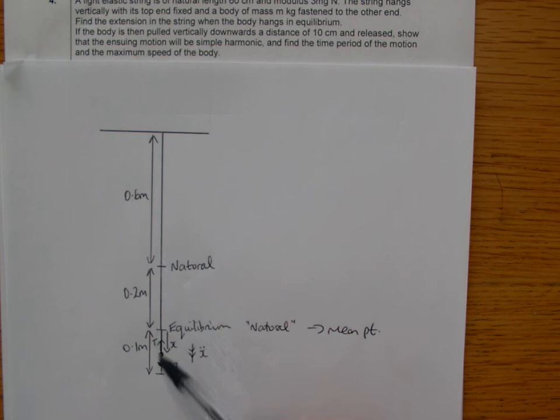If it was stretched more than 0.1, the amplitude would be more than 0.1. If it was stretched more than 0.2, the amplitude will be more than 0.2, and it will go back above the natural length.